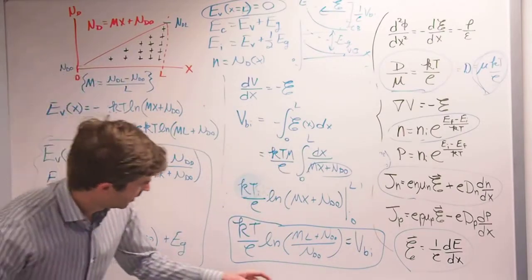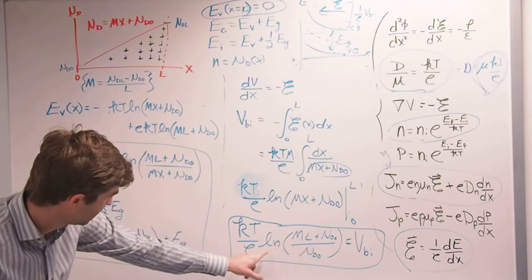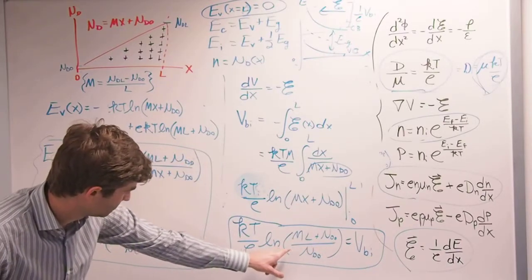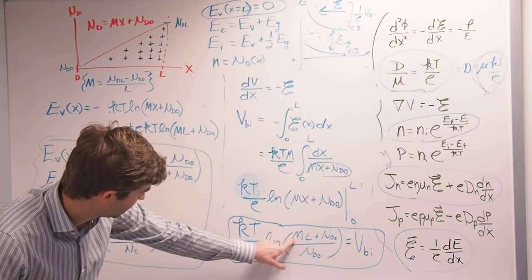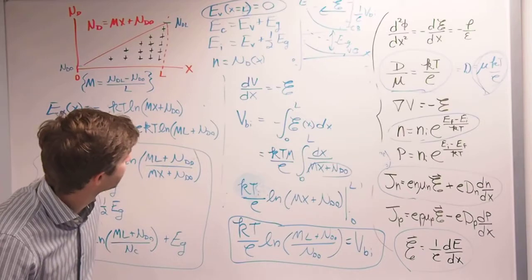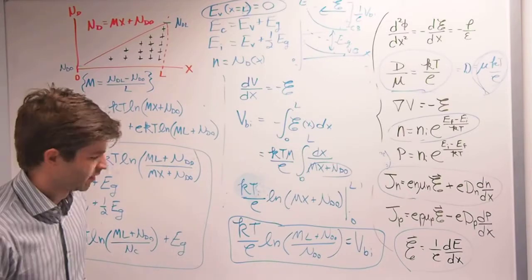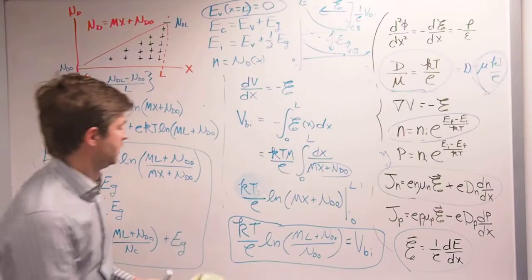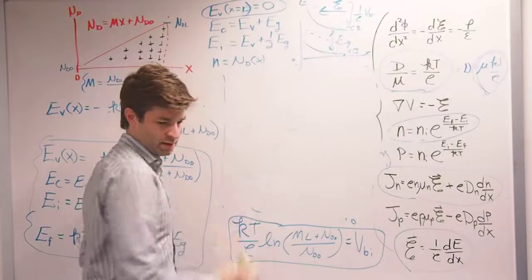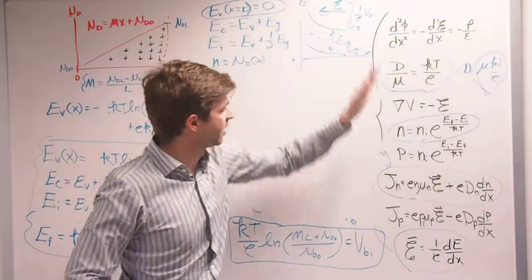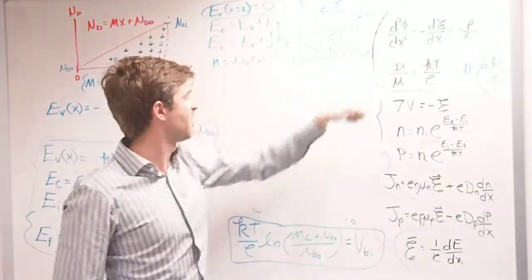You'll notice that ML plus n d naught looks larger than n d naught, so this is a positive built-in potential. I'm not sure if that's right, but let's look here. Oh yeah, that should be right, because electric field is the negative of the potential gradient. Our electric field is pointing in the negative direction, so our potential is positive.